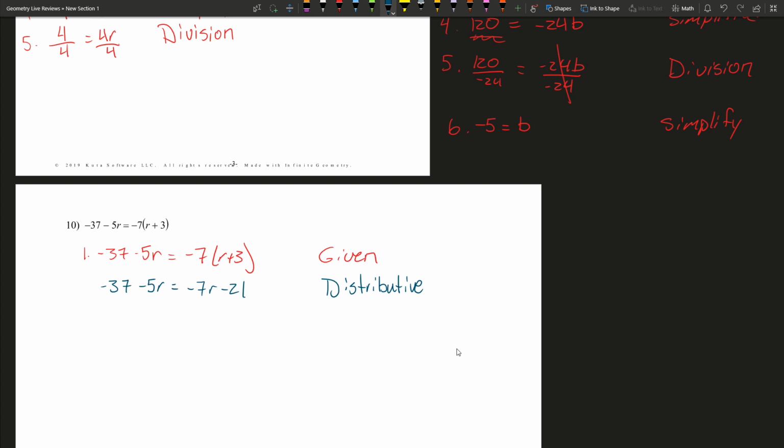I'm going to get the r's on the left, so I'm going to add 7r to both sides. We can do that because of addition. Then we can simplify.